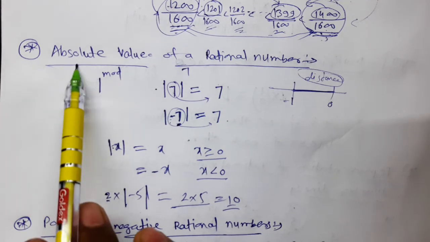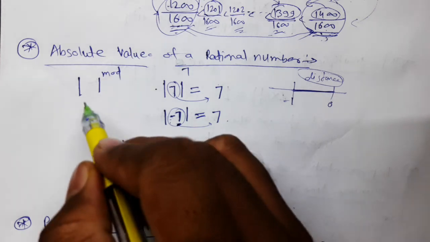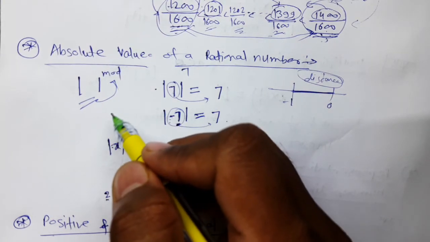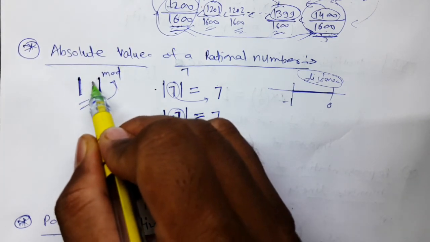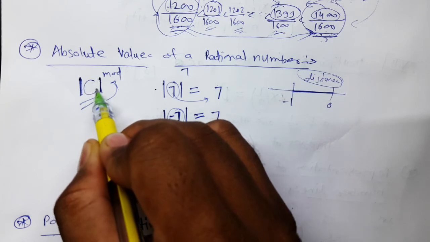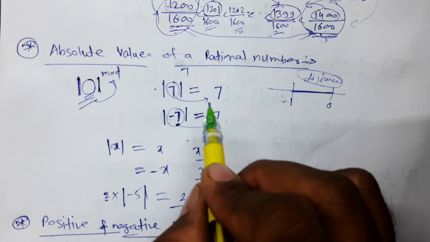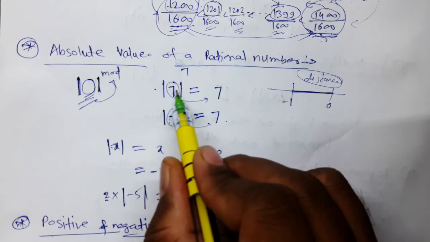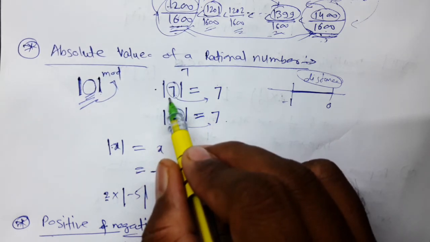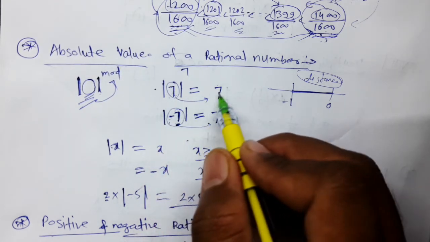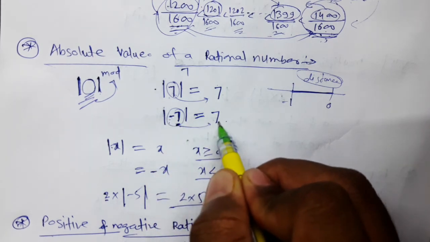Next point is the absolute value of a rational number. We denote absolute value by the symbol mod, in which we place two vertical lines, and the number for which we have to find its absolute value should be placed in between these two vertical lines. So absolute value of 7 is equal to 7, and absolute value of minus 7 is plus 7.